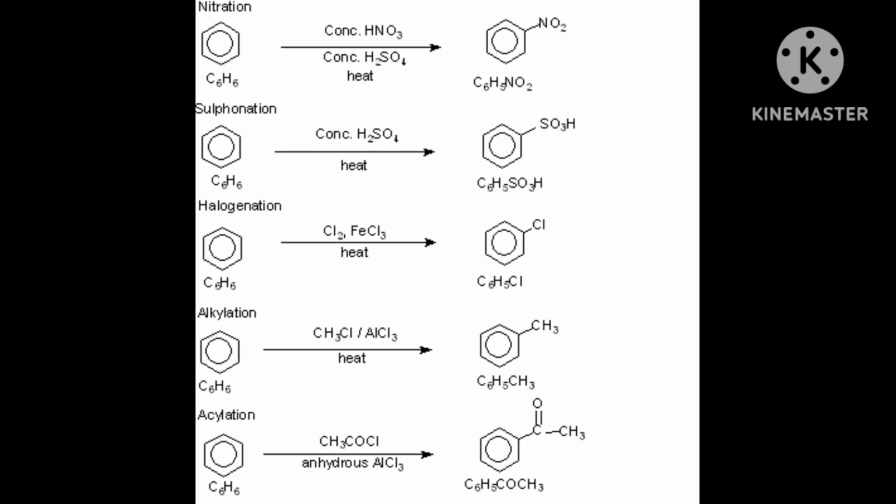It will form acetic acid. Then it gives two products. This is also the same thing, acetophenone. Main product is acetophenone. One side benzene, other side CH3, in the middle CO. Another product is acetic acid.